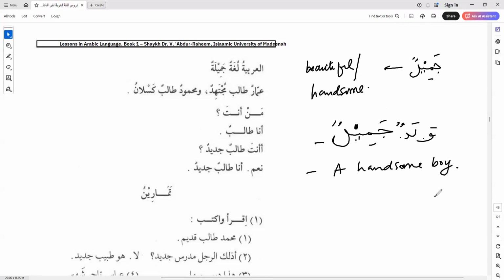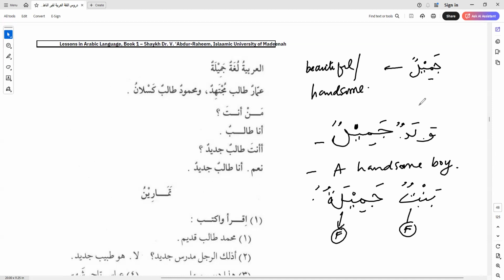Now, if you say bintun, a girl, then you have to say jamilatun. Bintun jamilatun. Why? Because this is feminine. So I have to say jamilatun. So my adjective must match the noun.